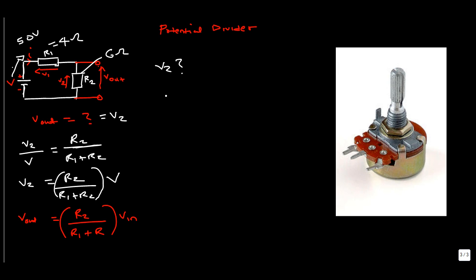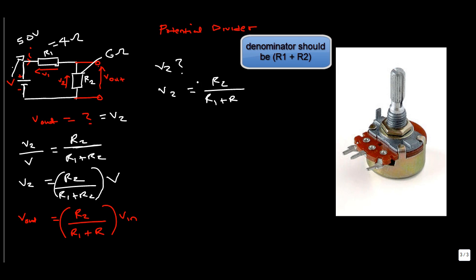Using the potential divider formula that we've already worked out, we know that V2 is equal to R2 over the total resistance, multiplied by your input voltage.